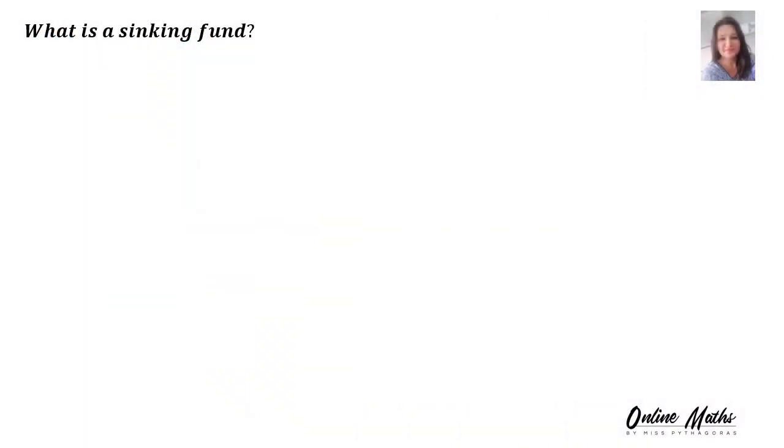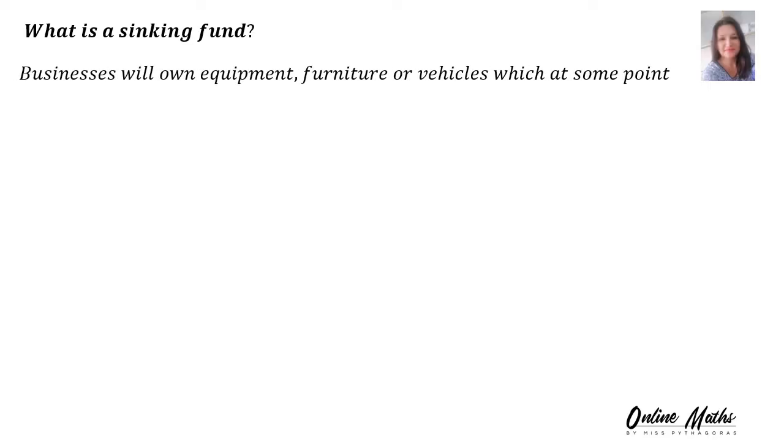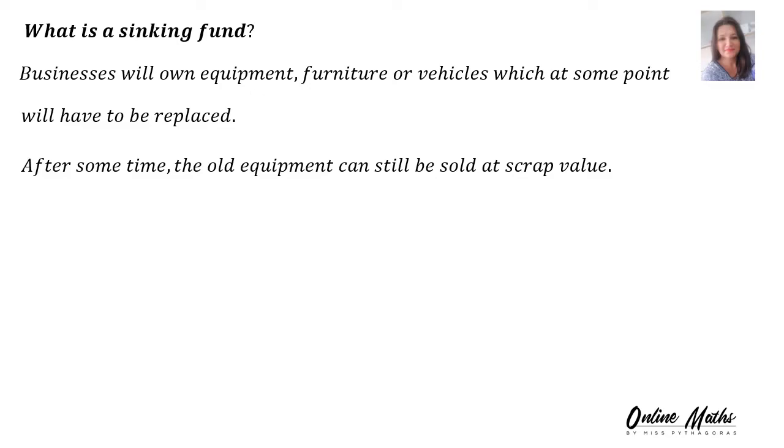Now let's discuss what is a sinking fund. Businesses will own equipment, furniture or vehicles which at some point will have to be replaced. After some time, the old equipment can still be sold at scrap value.